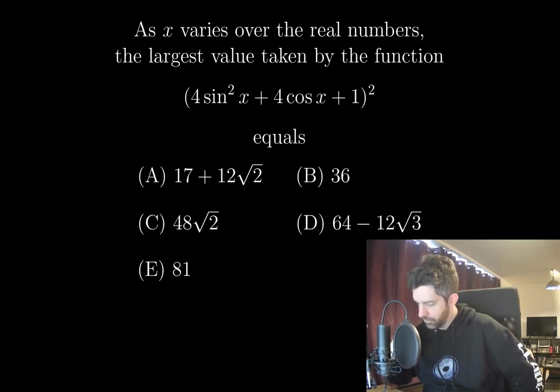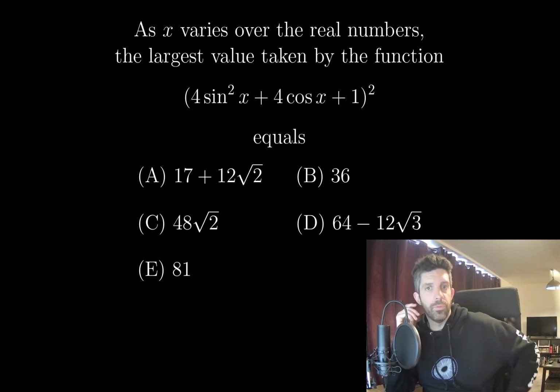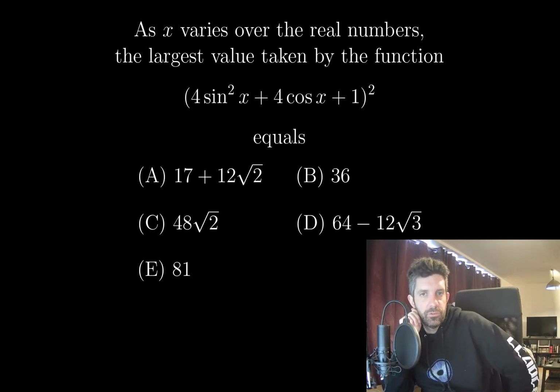First thing that comes to mind is, given that the whole thing is squared, we either want to find the maximum or the minimum of the thing on the inside, and then just compare those.